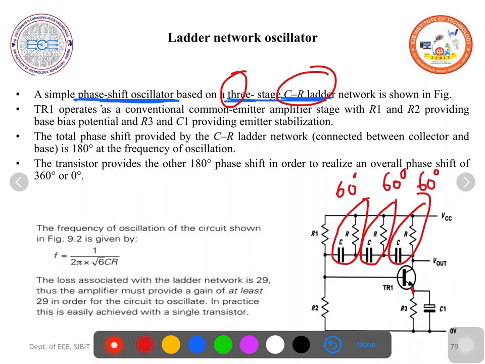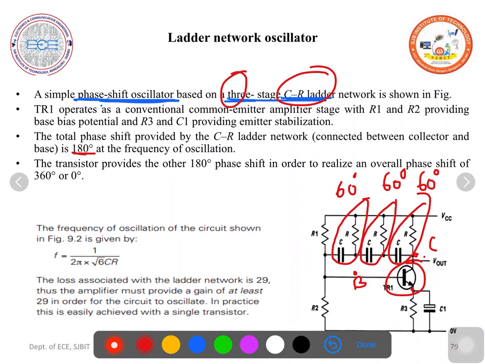Totally it is 180 degrees. 180-degree phase shift is provided by this 3-stage CR ladder network, which is connected between the collector terminal and the base terminal of the transistor. The transistor provides the additional 180-degree phase shift. So totally it will be 360-degree phase shift. So this is one of the conditions to generate the oscillations.